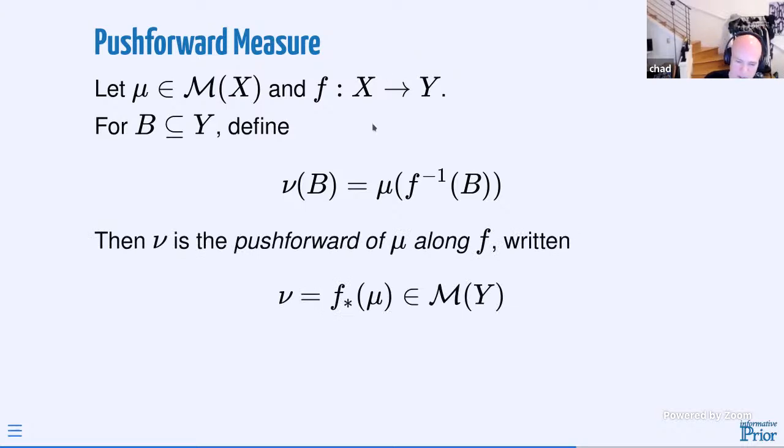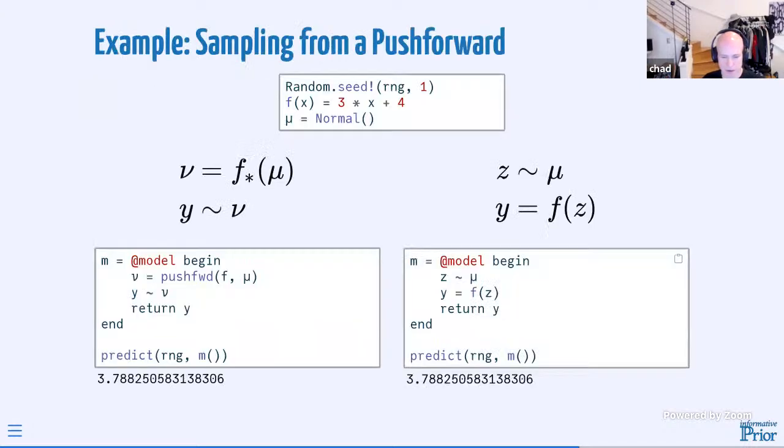This is another combinator, so let's give it a name. The push forward we'll call f star. So we define a measure nu to be f star of mu, and that is in m of y. Okay, so let's see what that looks like in Tilde.